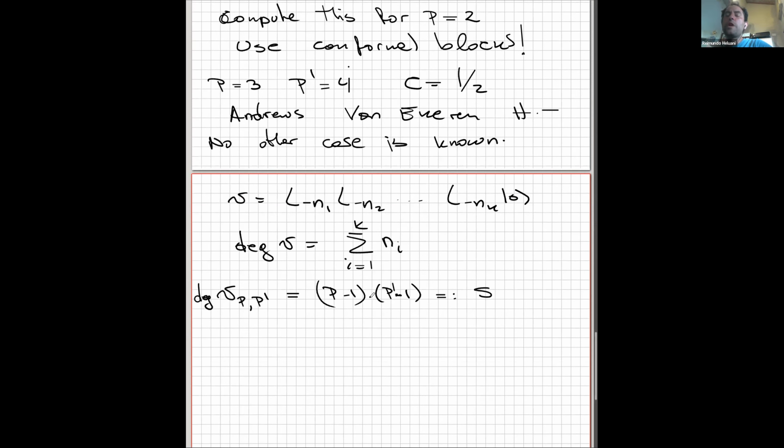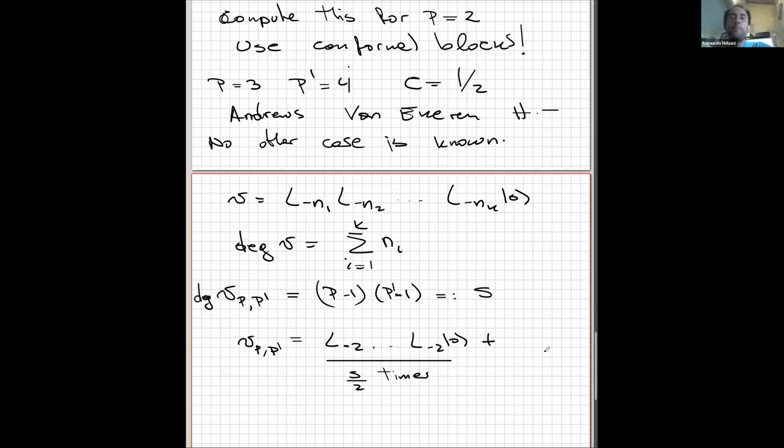That's not all that we know. So what's a vector in that degree? Well, we know this is a vector: L minus 2, L minus 2, and so on, applied to the vacuum. How many times? Well, S over 2 times. So this vector is of that degree because the degree of each one of these counts as 2, and this S over 2 makes sense because these two numbers are coprime, so this product S is even.